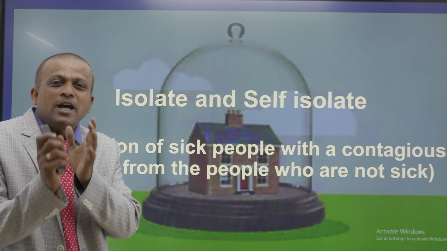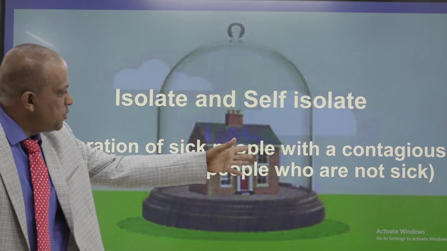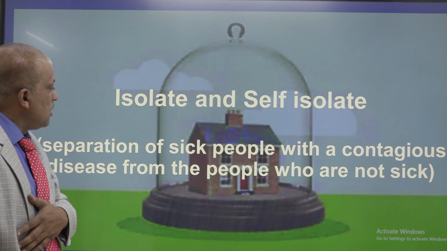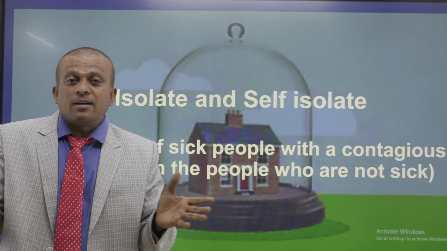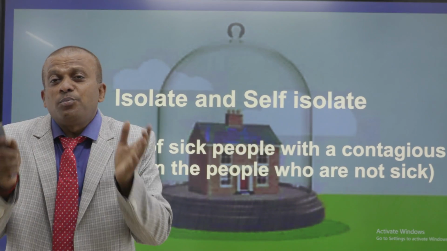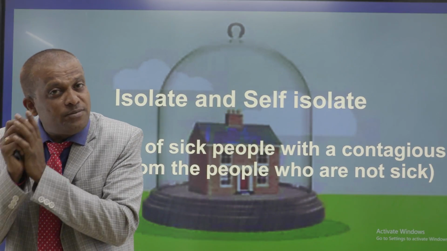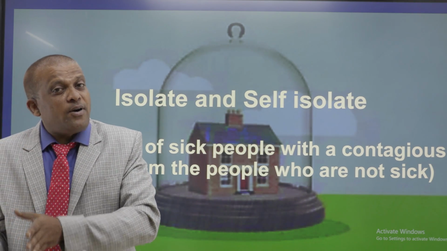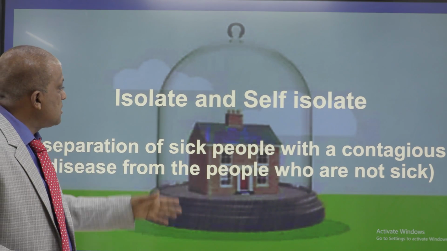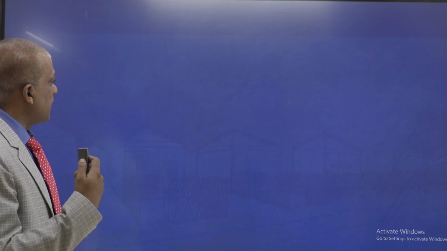People who have been diagnosed with this infectious virus. So, separation of sick people with a contagious disease from the people who are not sick. They isolate, they keep them totally away for a particular period of time. If the person is infected and identified with this contagious disease, so isolate and self-isolate.